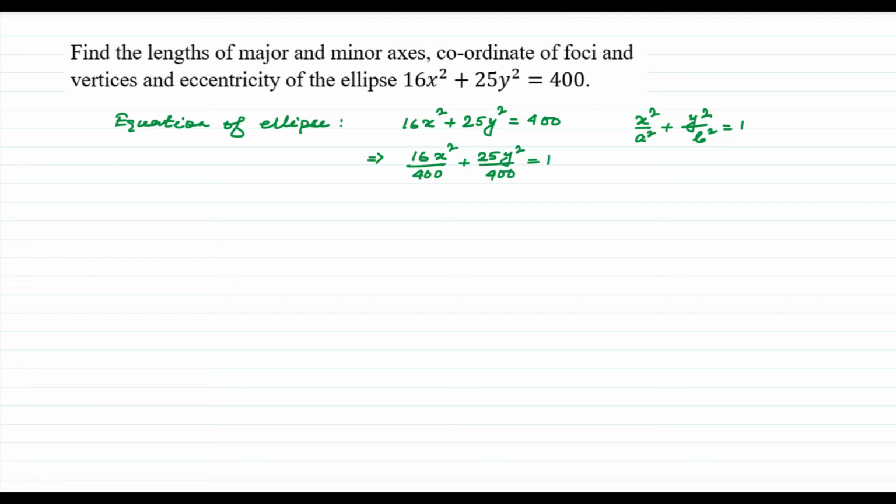So that is equal to 1. After cancelling 400 by 16, we are getting x square by 25 plus, and cancelling 400 by 25, we are getting y square by 16 equals 1.